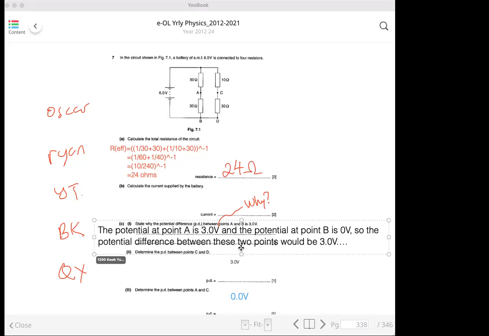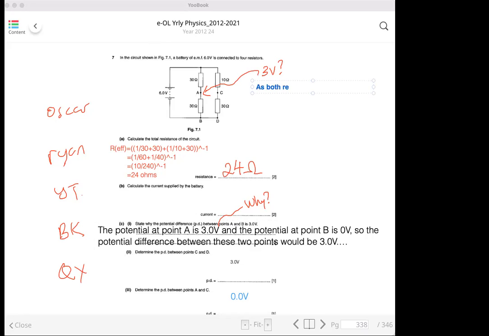Okay, Yuting, you need to explain why point A is 3 volt. Why is the potential here 3 volt? Okay, so how do I explain that? Let me write down here.